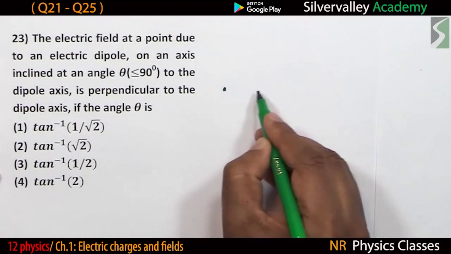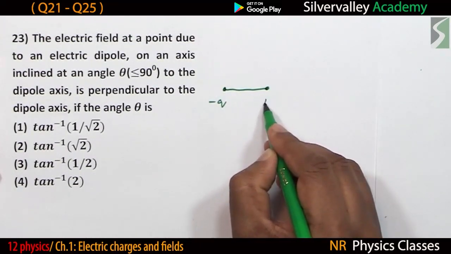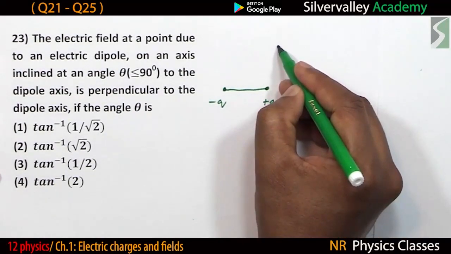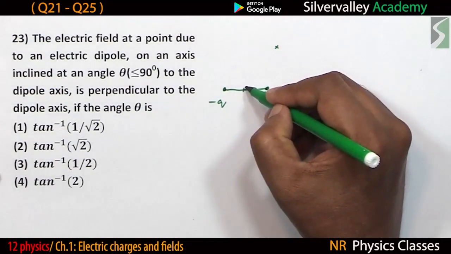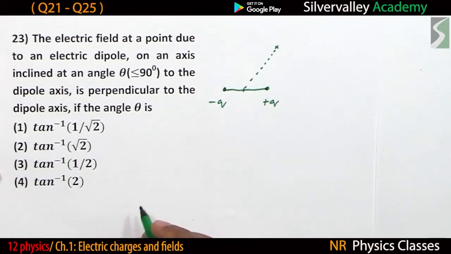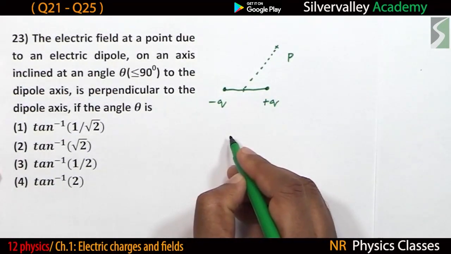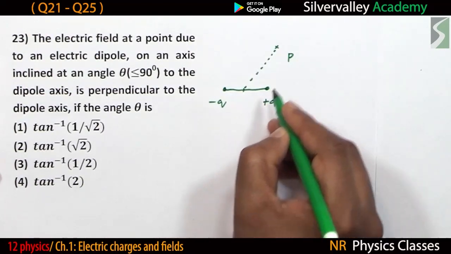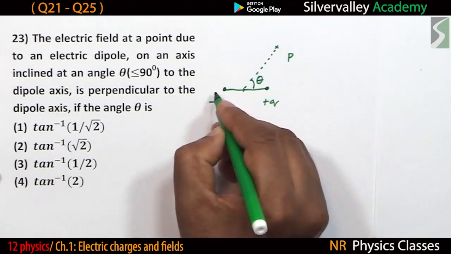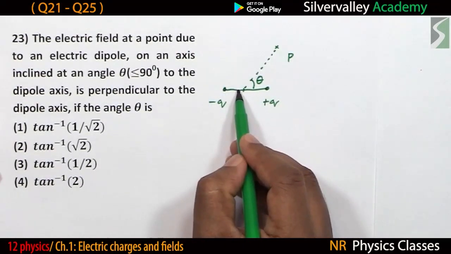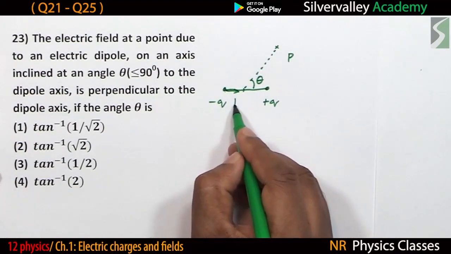If this is an electric dipole with minus Q and plus Q, this is some arbitrary point. From the center of the dipole, position vector. So point P, position vector of point P is this, which makes an angle theta with respect to the dipole moment. Direction of dipole moment is from minus Q to plus Q, isn't it? So this is P cap.